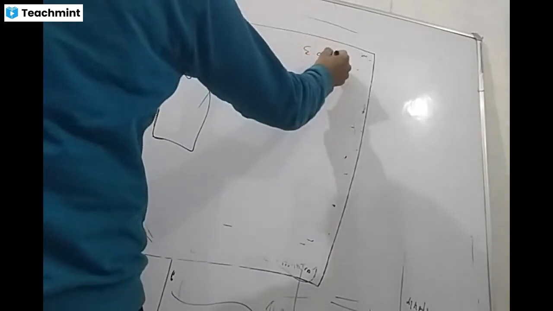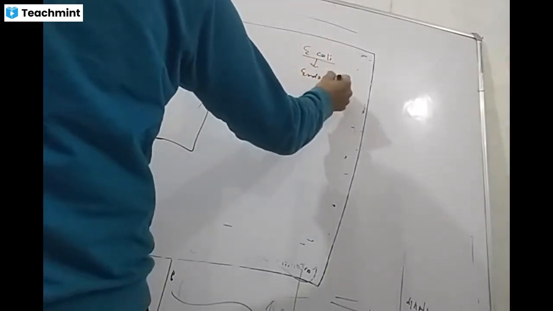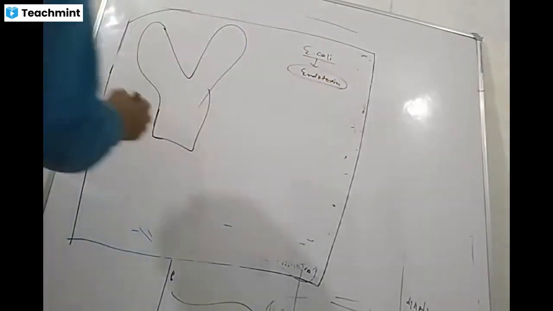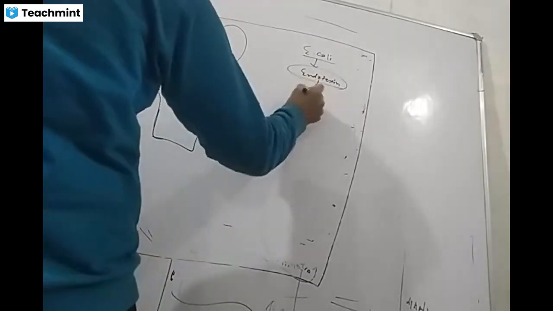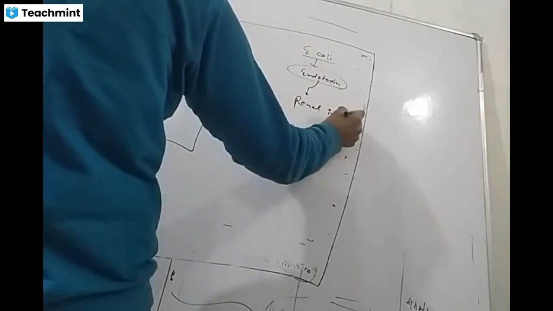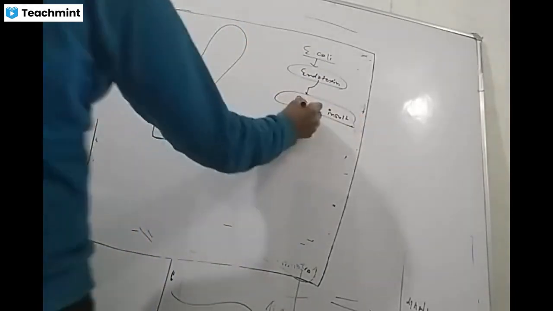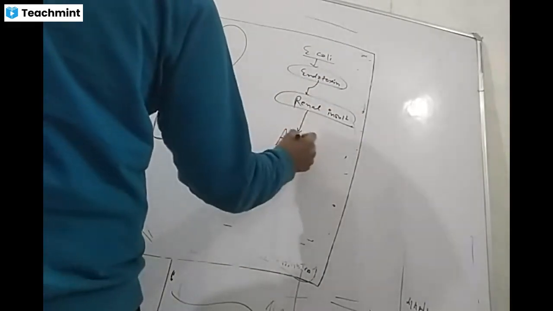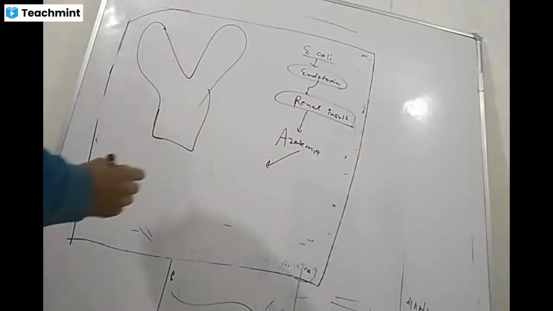The bacteria involved is E. coli, which is producing endotoxin, and these endotoxins may cause renal injury, renal insult to the kidney. That may lead to azotemia.